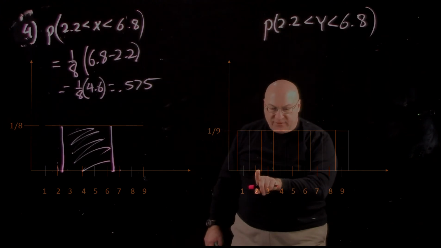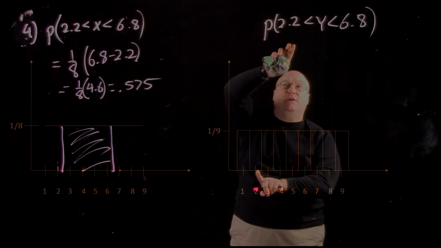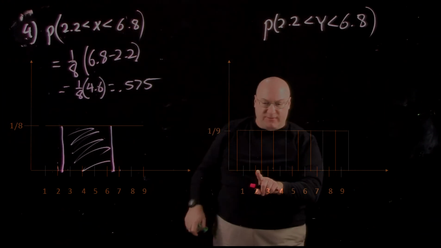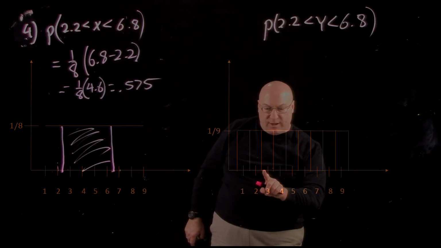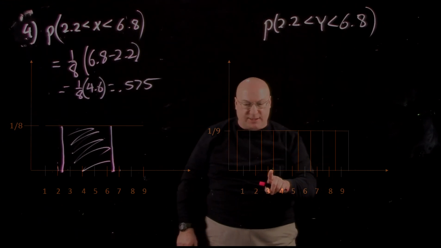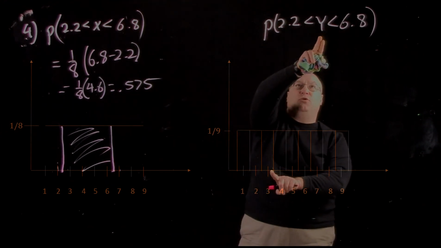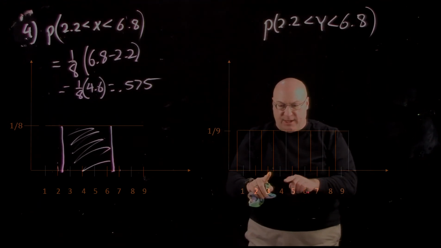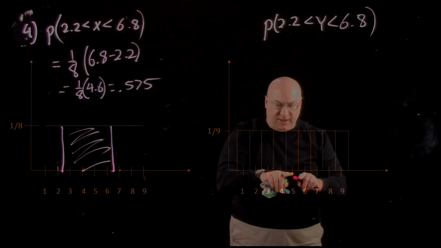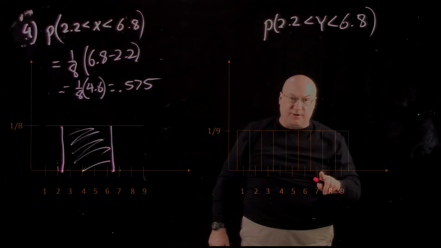So I have to jump over to the value of 3, because 2 would not be less than 2.2. So I can only get 3, then 4 and 5, and I have to stay less than 6.8, so I can go up to 6, but I can't go to 7.